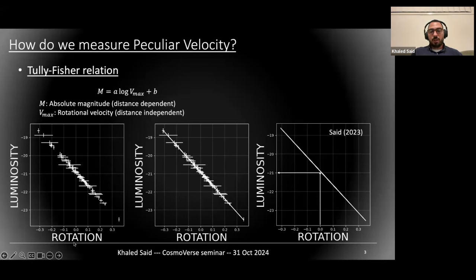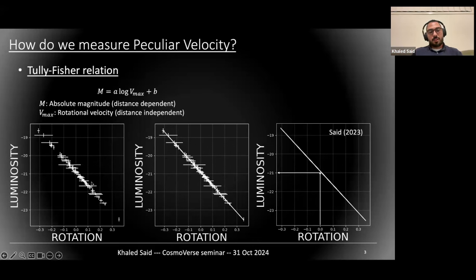And then you have the rotation, which doesn't depend on distance or redshift or anything. This is a distance-independent parameter, your rotation velocity. But for your absolute magnitude, you need distance to be able to construct the luminosity. So once you have luminosity and rotation, you can just plot them against each other, and you will end up with a very nice correlation here.